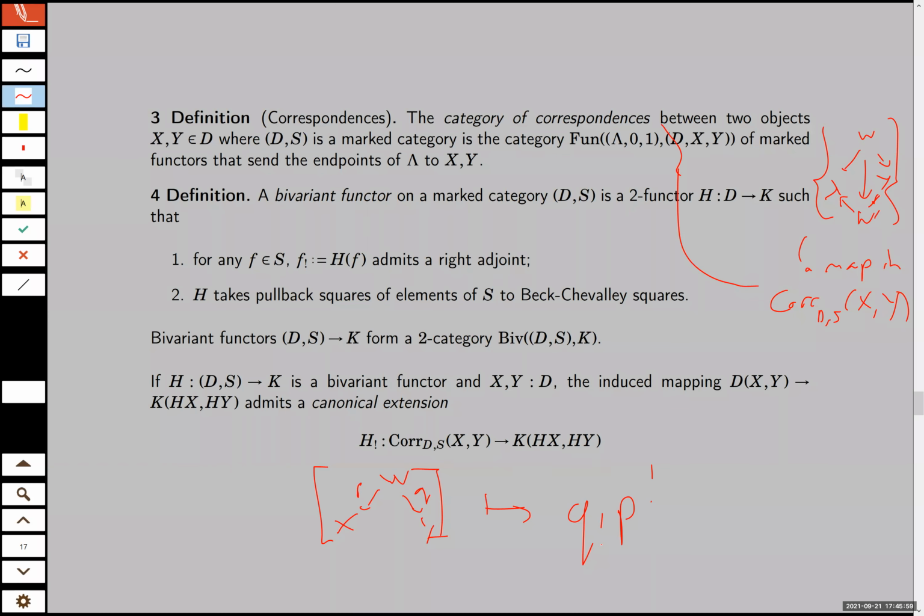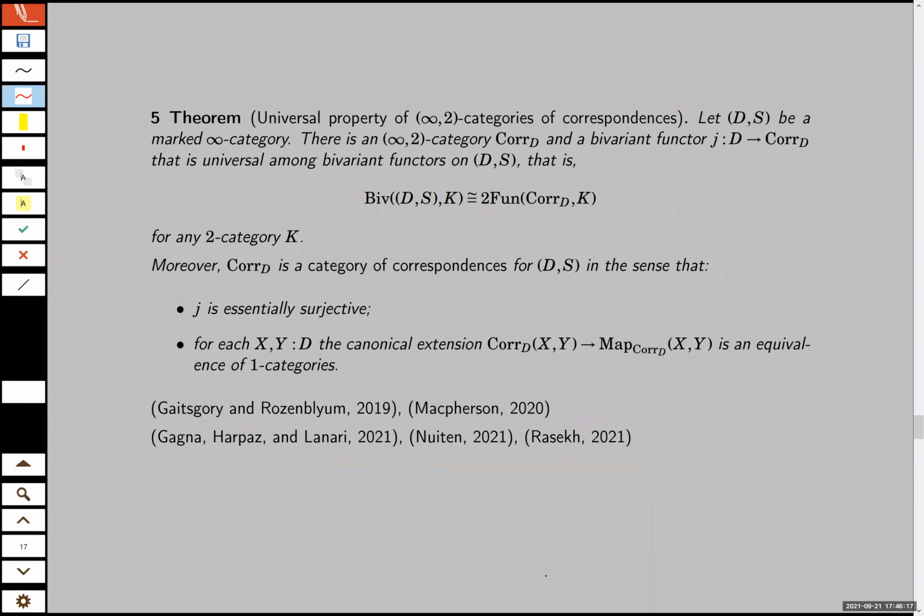So really what I mean by this is just H of P. This is the right adjoint to H of P, and this is just H of Q. So it's the obvious thing that it has to be. And then using this, one can construct, this is already enough to tell you what the category of correspondences is, and it allows you to construct, and this is the powerful part of the statement, functors out of that thing.